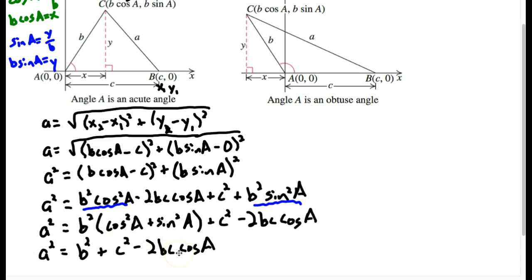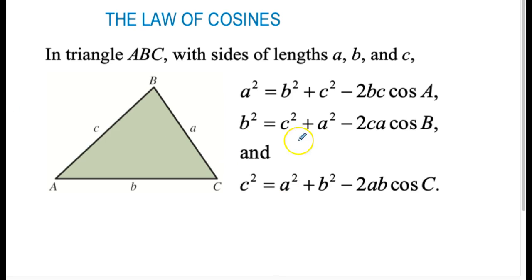Okay? Now, we specifically solved for side a here. We could have gone through this same process to solve for either b or c. So we actually end up with 3 different forms of the law of cosines, but they all do exactly the same thing, depending on which side we want to solve for. So a squared equals b squared plus c squared minus 2bc times the cosine of a.